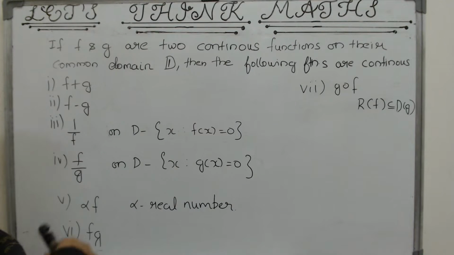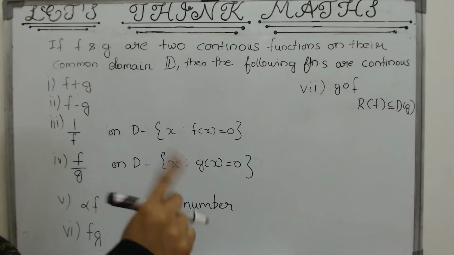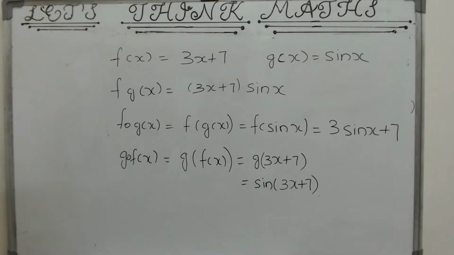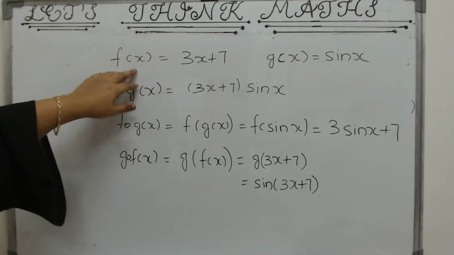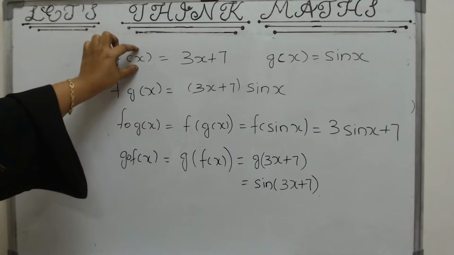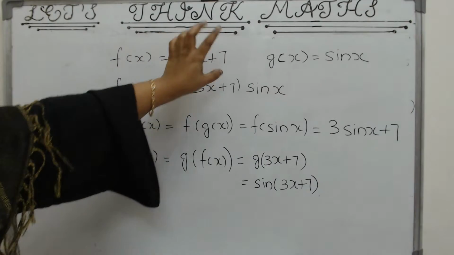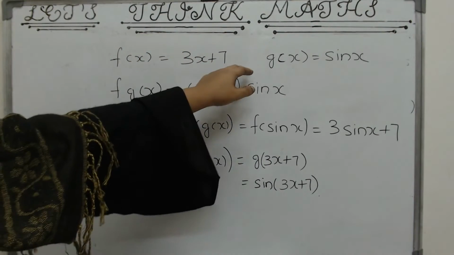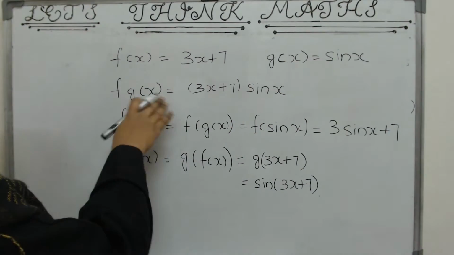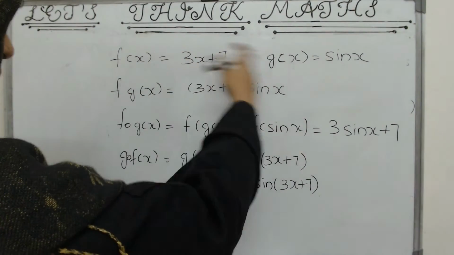Now, before we go on to the examples, let me tell you one thing. Please note the difference between the product of two functions and the composition of two functions. You have a function f which maps every element x to 3x plus 7. You have g which maps every element to its sign value. So the product of them will be just their product.